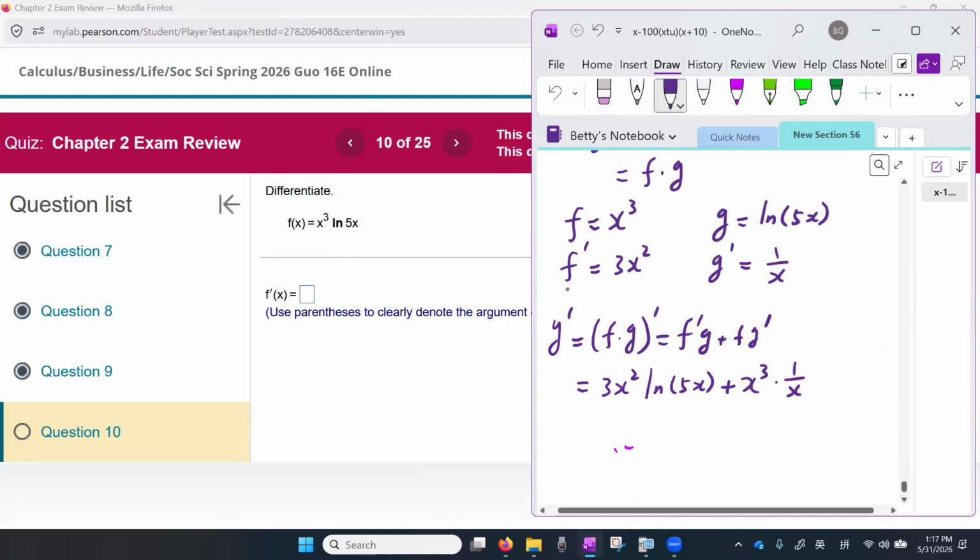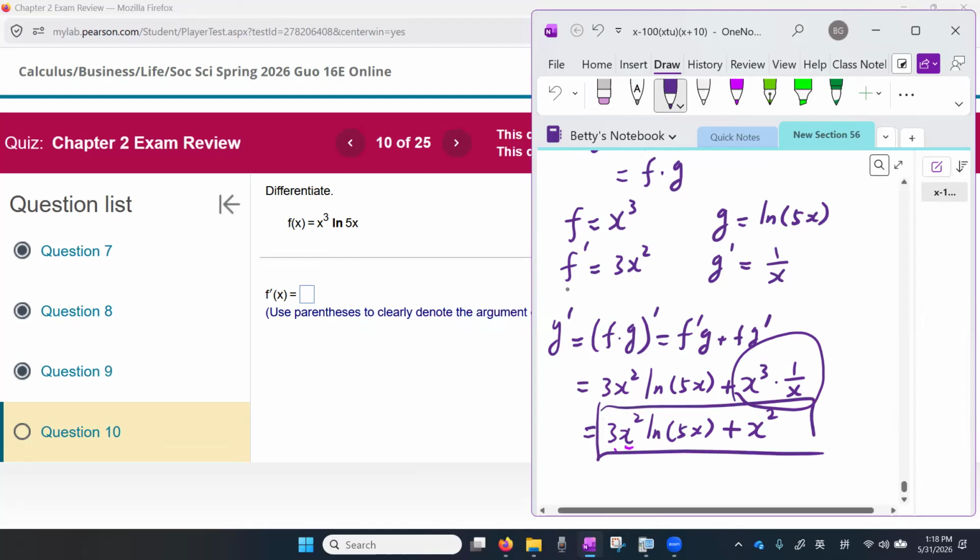So f prime times g plus f times g prime, and that gives 3x squared ln 5x plus x squared. x cubed over x is x squared. So this is the answer in the entry itself.